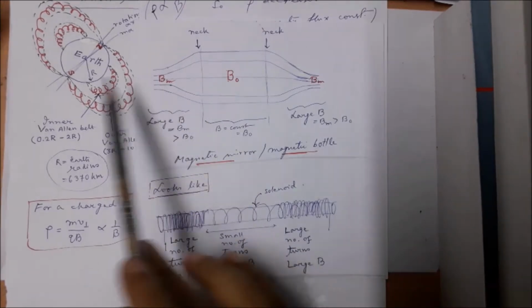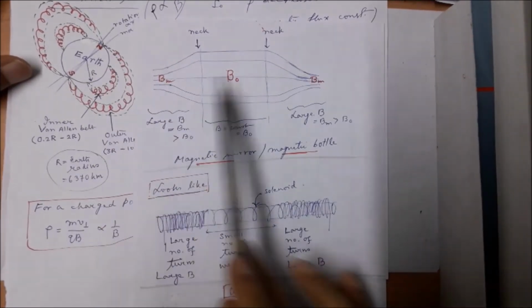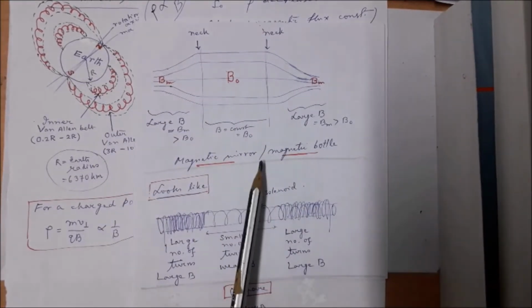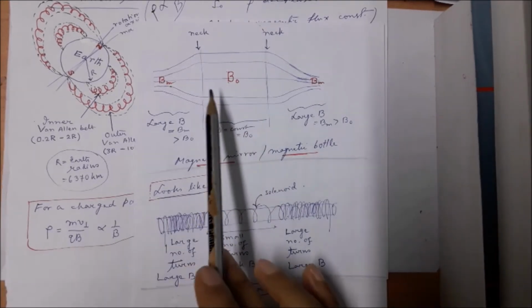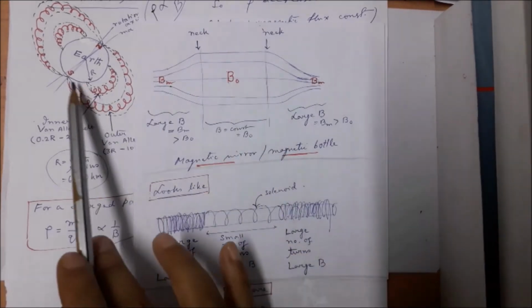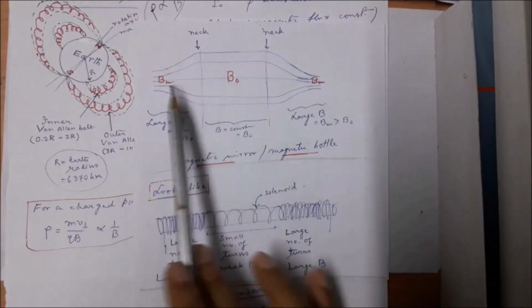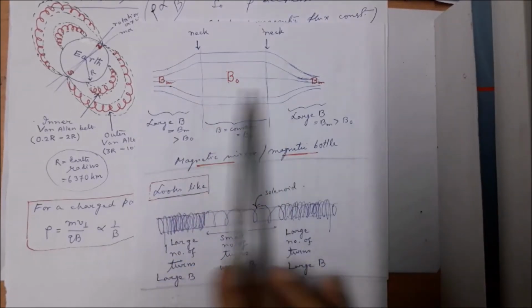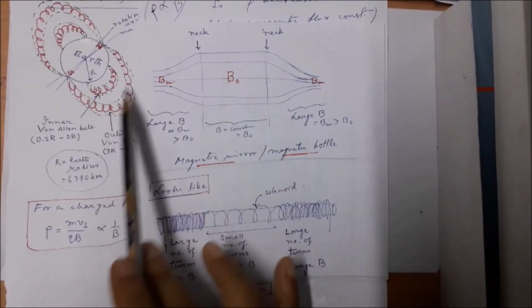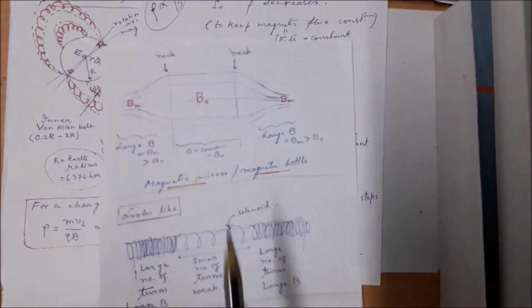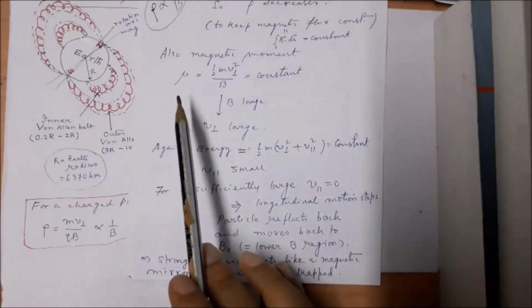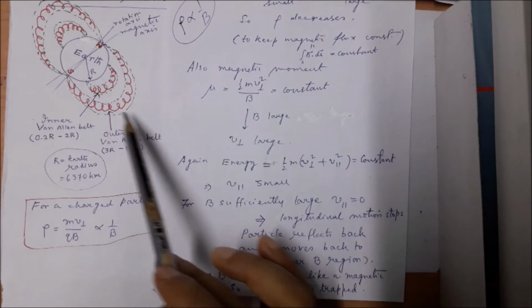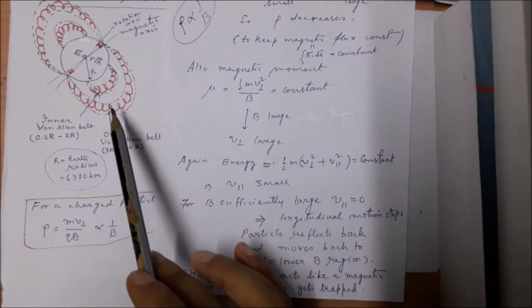That is why the strong B region is called magnetic mirror, and the particle now feels as if trapped in this region, and this region therefore behaves as a magnetic bottle.